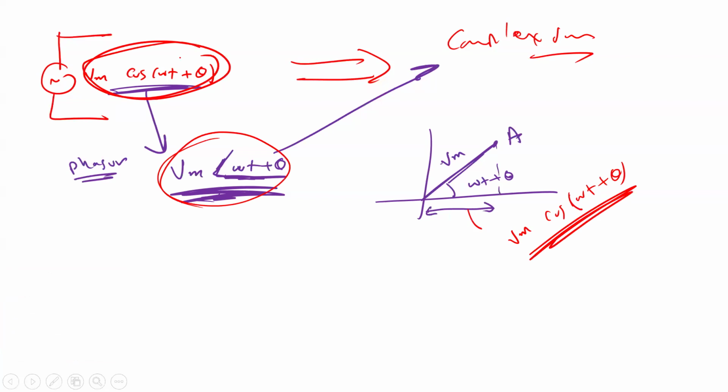So what I'm saying, guys, is that if you have Vm cosine omega t plus theta, I can represent it using Vm with angle omega t plus theta and use it here in the complex domain.